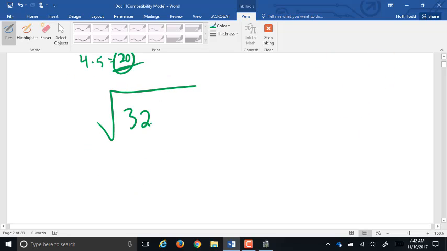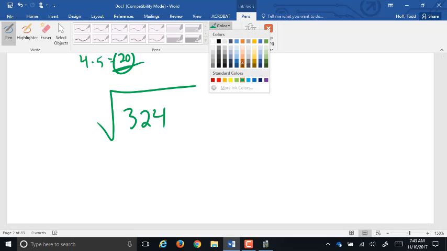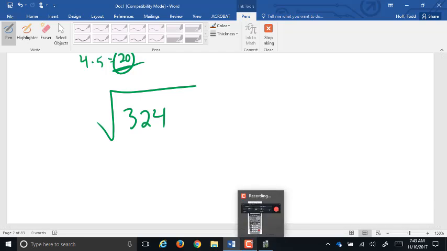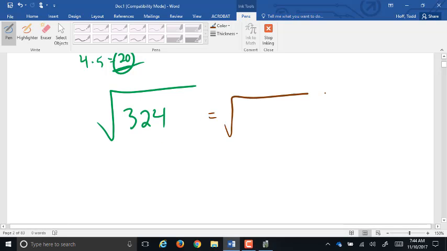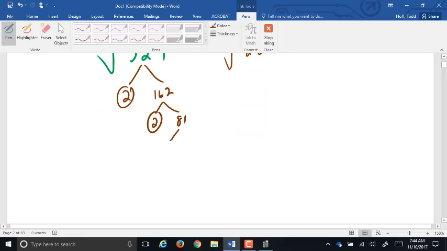Without your calculator, calculate the square root of 324 for me. So if we factor 324, if you get 2, that's 162. You can divide by 2 again, you got 81. 81 can't be divided by 2 anymore.